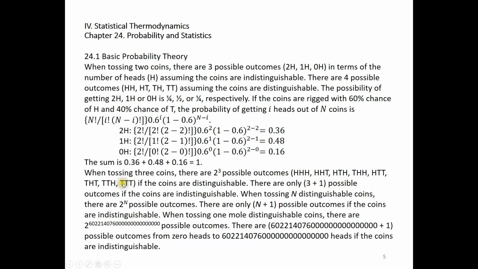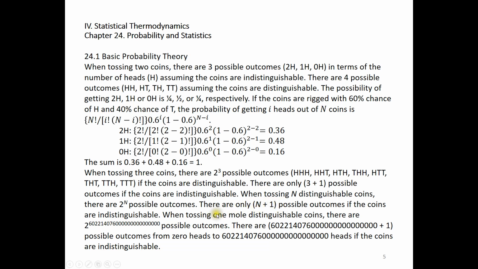That's it. 4 possible outcomes. When we toss n distinguishable coins, there are 2 to the power of n possible outcomes. But if those coins are indistinguishable, we have only n plus 1 possible outcomes. From 0 heads all the way to n heads, there are just n plus 1 different possible numbers of heads.